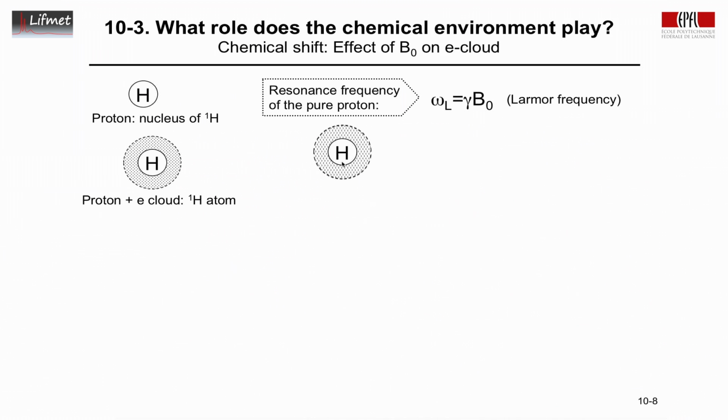Now, if we have our hydrogen atom in a magnetic field, B0, what now happens is a very small distortion of the electron cloud. I will not go into the details of the quantum mechanical explanation of how this electron cloud is distorted, but you can rationalize this simply by the fact that the electron which swirls around the nucleus, around the proton, its flight pattern, is most likely influenced by the presence of an external magnetic field.